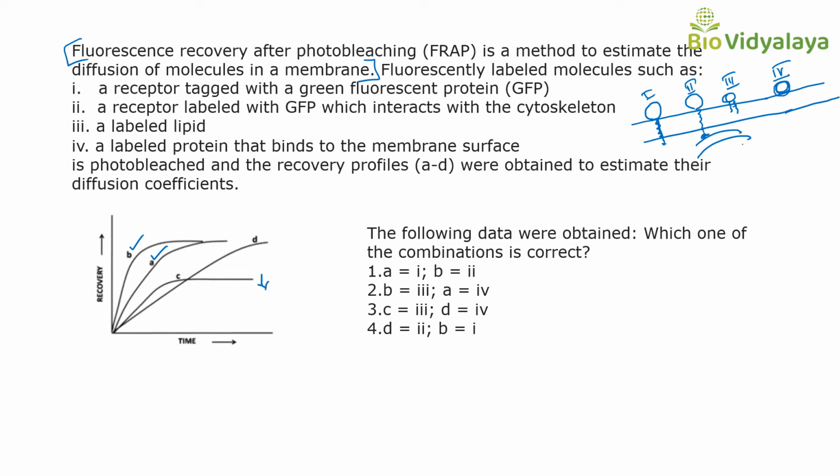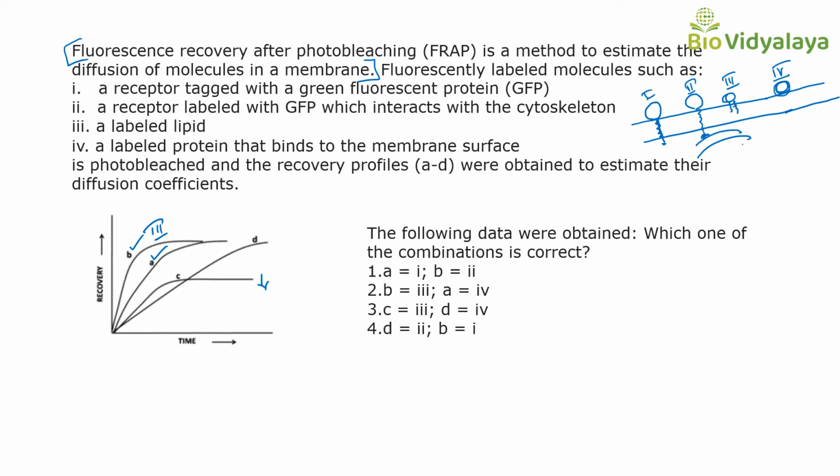So, which fluorescently labeled molecule can easily move? Yes, lipid can easily move. So B will be 3. And sometimes you will be confused whether 3, that means labeled lipid, or 4, protein that binds to the membrane surface, is easier to move.